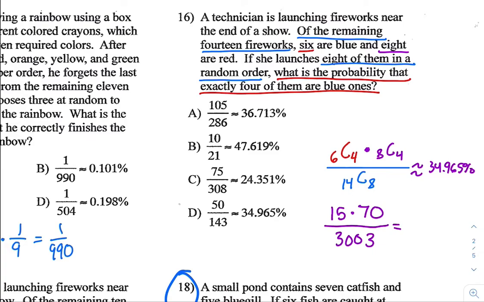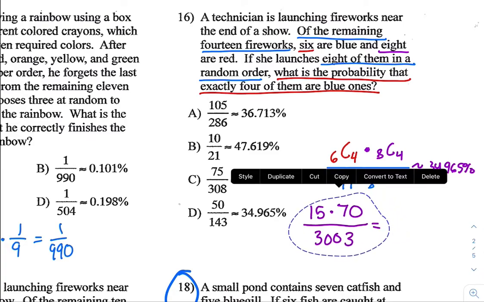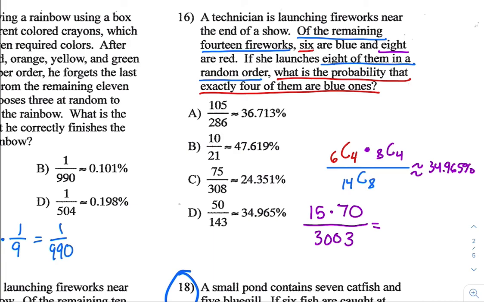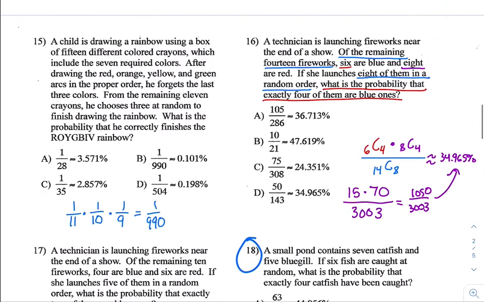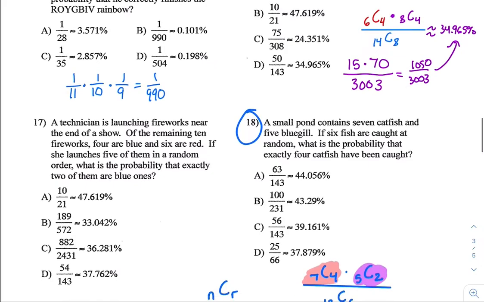So this would equal 15 times 70, 1050 over 3003. And it would have been that. Okay, all right, next one. We got 17 now.